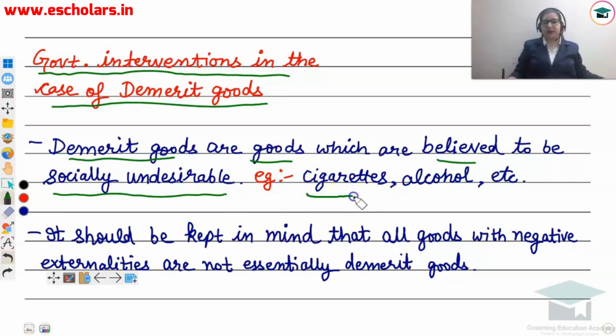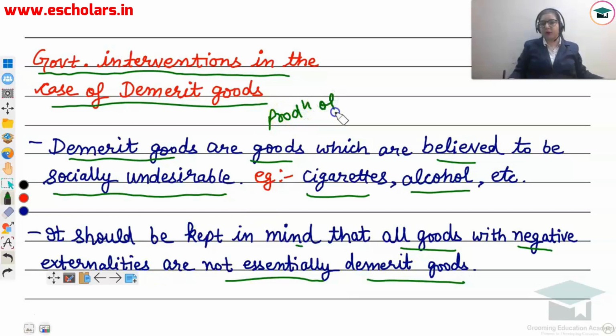For example, cigarettes, alcoholic products, etc. Okay, but it should be kept in mind that all goods with negative externalities are not essentially demerit goods. For example, production of steel leads to pollution, right? But steel is not a socially undesirable good, right?